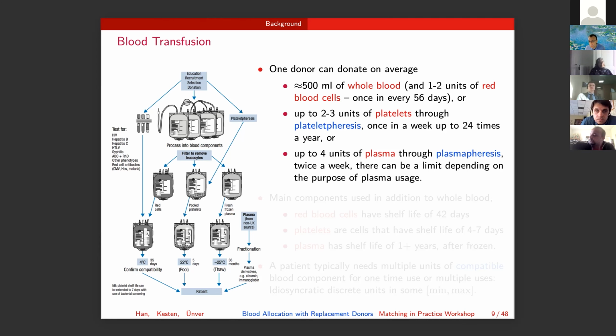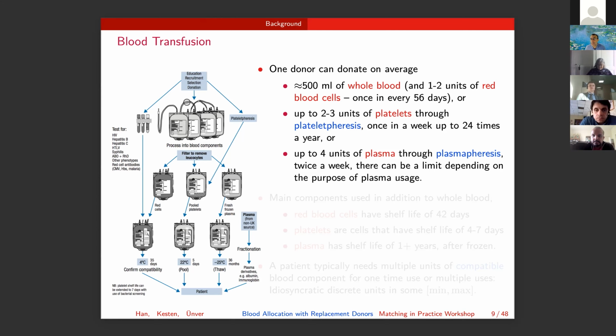Once a person donates whole blood, this is either 1 or 2 units depending on how you measure it, of red blood cells, or 1 unit of plasma you can obtain.